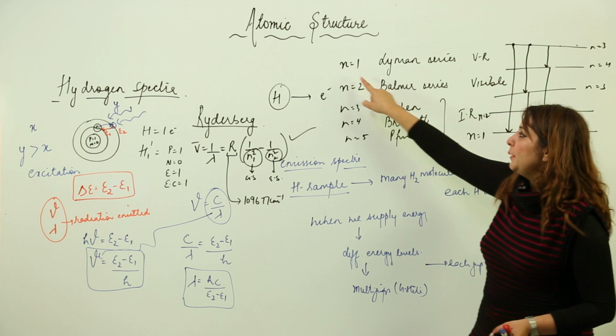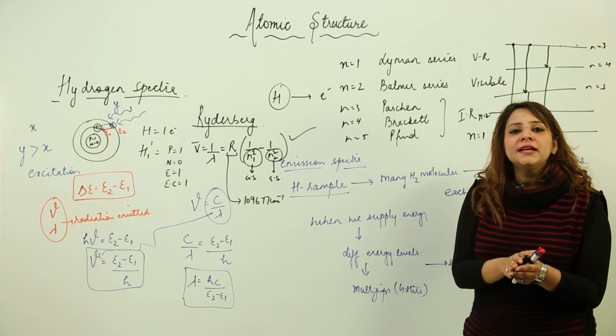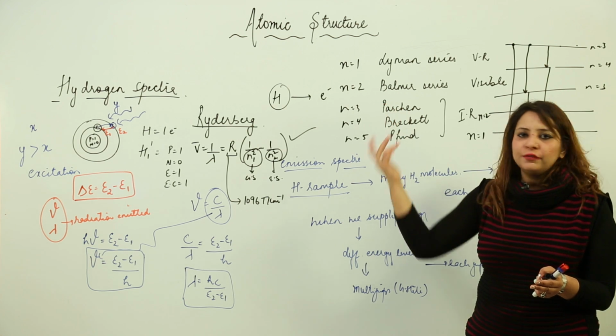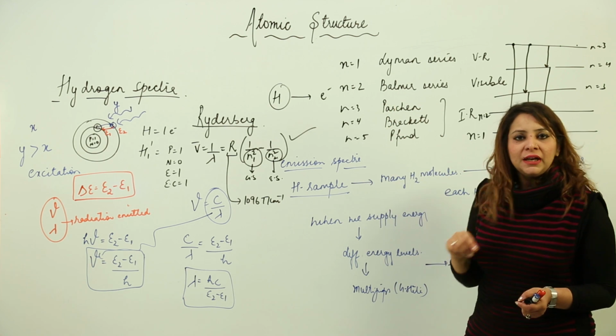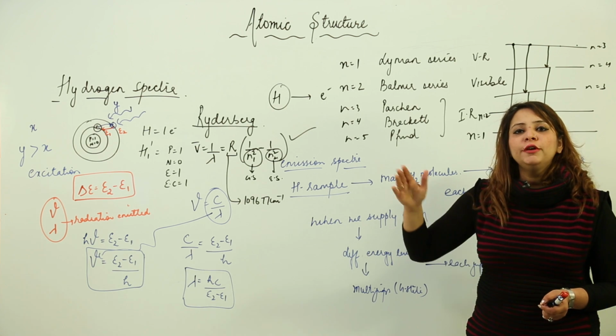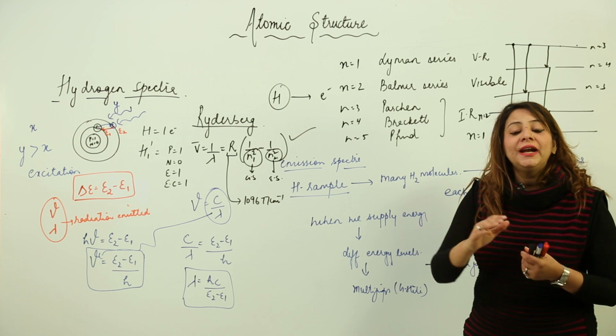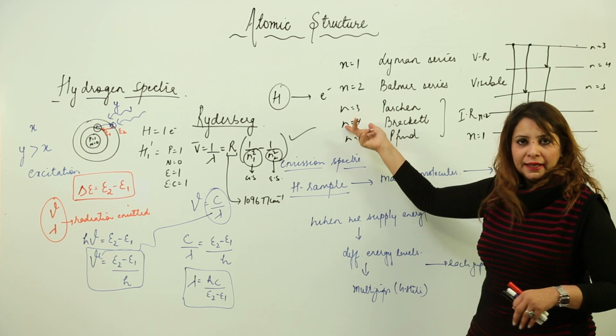Like as you saw, Lyman is n is equal to 1. That means the ground state is 1 and the excited state can be 2, 3, 4, 5, any of it. Like in Balmer, n is equal to 2, that means ground state is 2 and the excited state can be 3, 4, 5, 6, any of it. So excited state is always greater than this n.